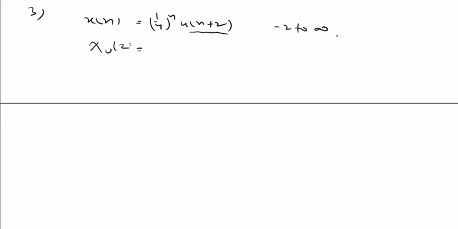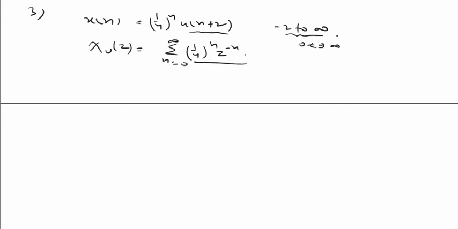Question number three, x[n] equals (1/4)^n u[n+2]. The range of this signal is from minus 2 to infinity. The range of the unilateral Z transform is 0 to infinity, so the common range is 0 to infinity.